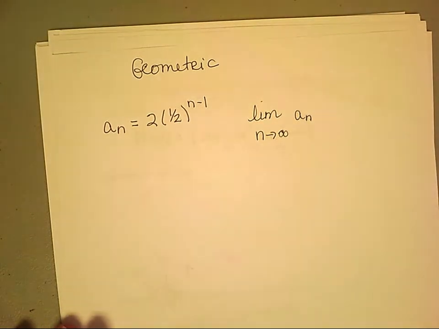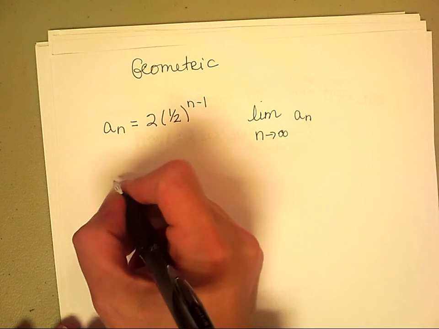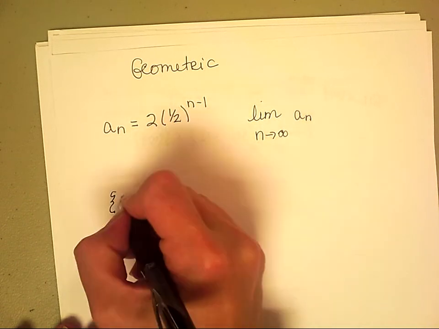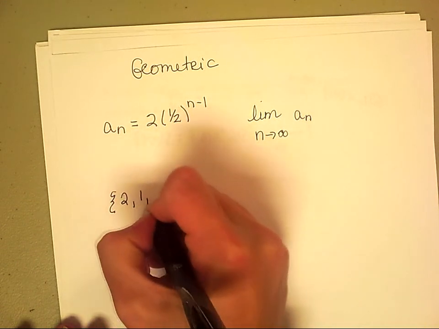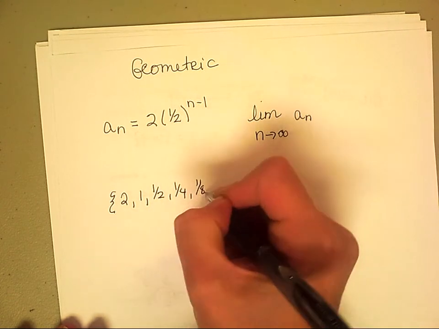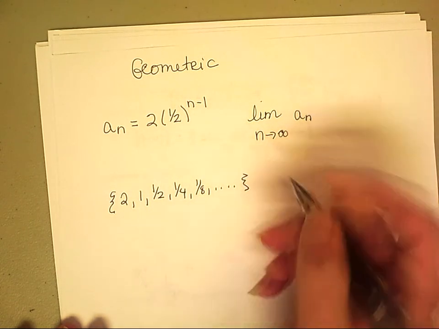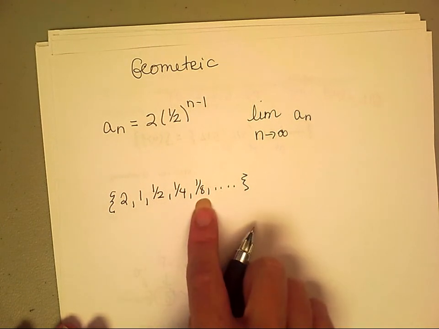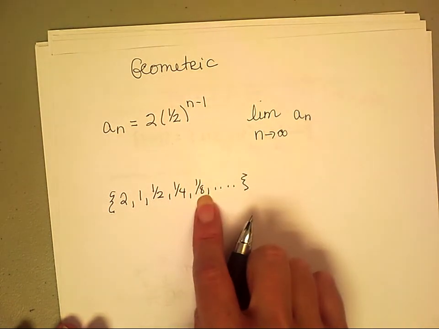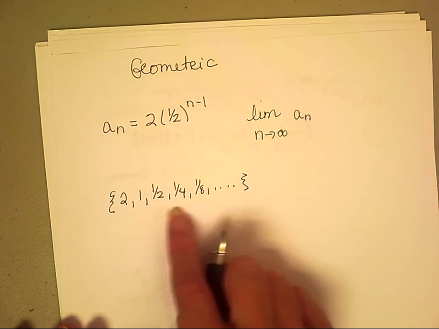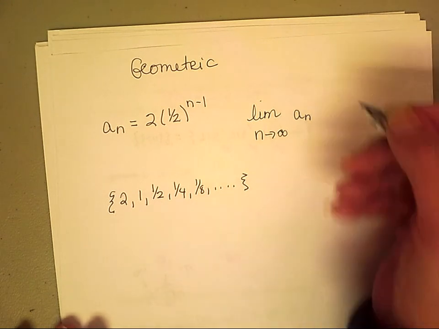Well, we could just start looking at the sequence. Here our sequence would be 2, then 1, then 1/2, then 1/4, then 1/8, etc. We can see that as we let n increase, these numbers are getting smaller and smaller, decreasing and approaching 0.